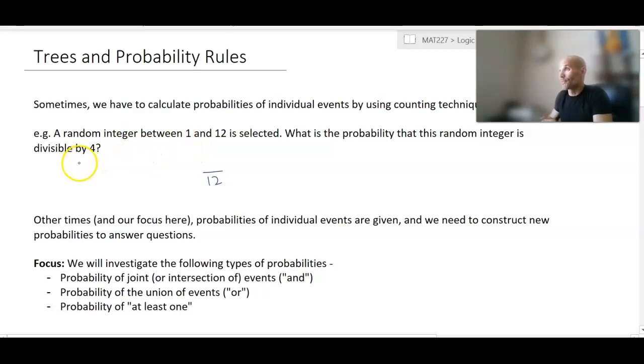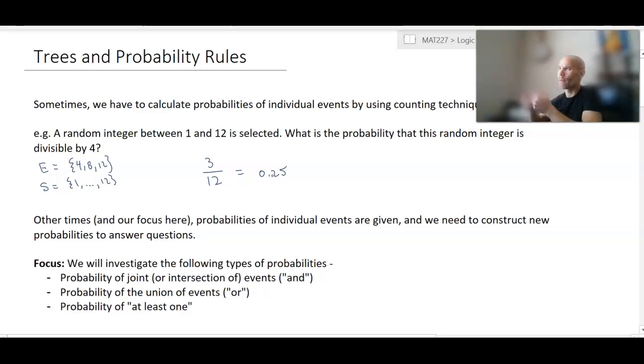Anything that's a multiple of 4, i.e. 4, 8, and 12, are all multiples. So this would be what we would call our event, or the set of possible outcomes where we would get what we desire. And then the sample space would, of course, be the integers 1 through 12. So there are 12 possible outcomes in the sample space, 3 of them are the ones that we would like, so there's a 25% chance that happens.